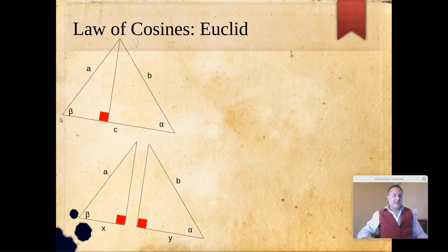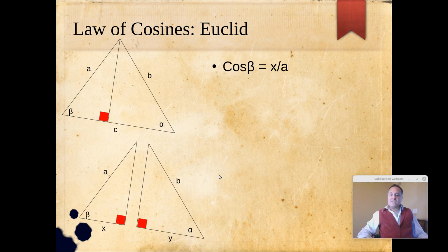Although the length of the entire base of this triangle is C, since we've broken it in two, I'm going to label the component parts X and Y. So now we've got two triangles, with sides X and A, enclosed angle beta, and this triangle here, sides Y and B, enclosed angle alpha.